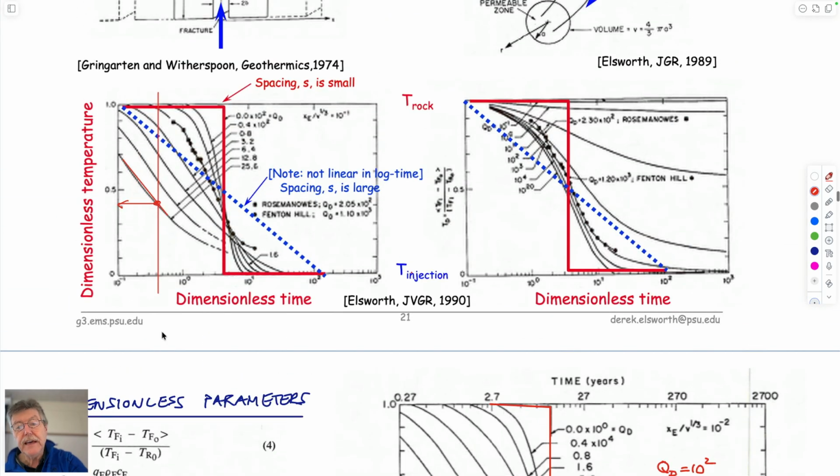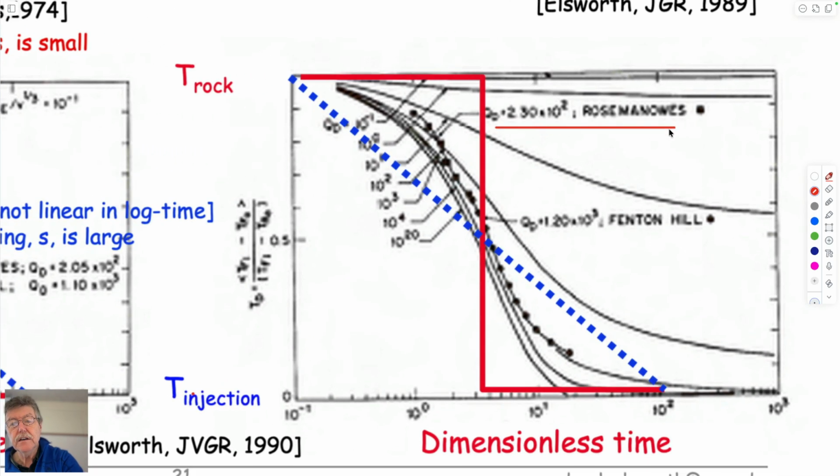If you look at real data, so this is an EGS project in the UK from the 1980s, the so-called Camborne project, Rosemanowes. This is the very first hot dry rock project at Los Alamos National Lab in the 1970s.